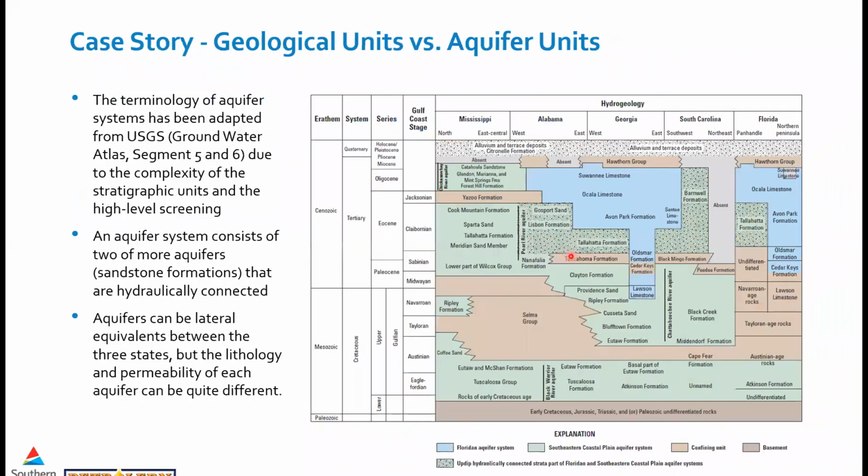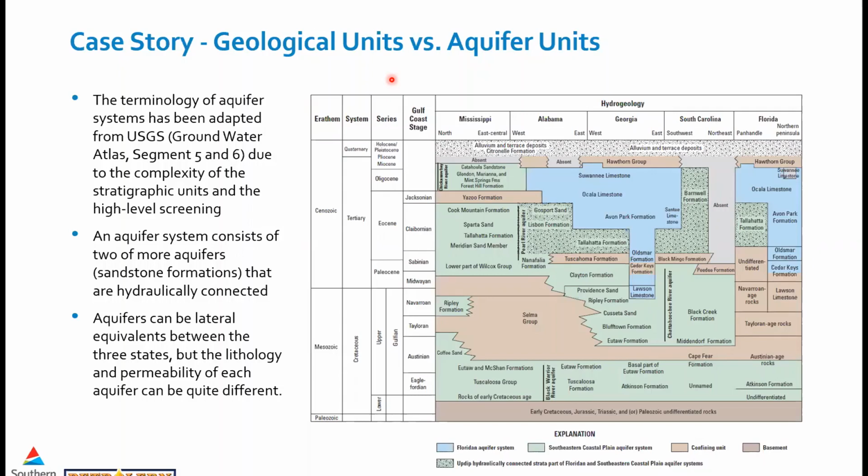But it's not only the subcrop map that is interesting, it's also getting an idea of what kind of formations we have in these intervals. Here we use the USGS groundwater atlases, and we also took the terminology into the play screen because they talk about aquifer systems.